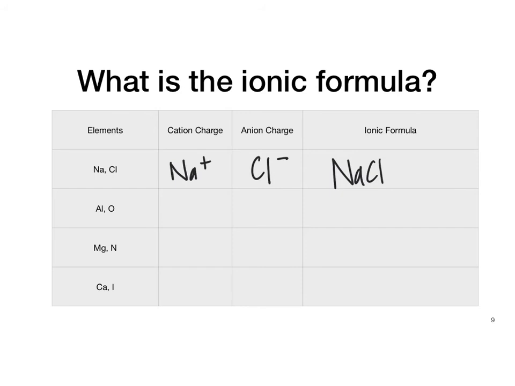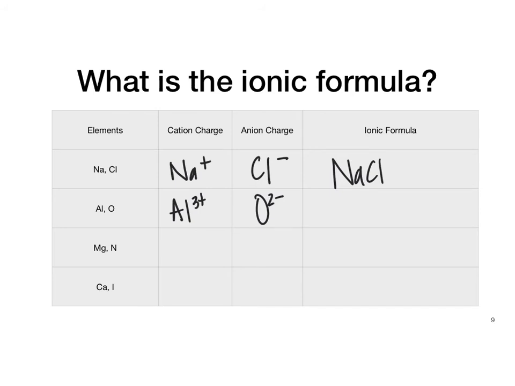But what about aluminum and oxygen? So aluminum, based on its location, wants to be 3+. And oxygen wants to be O2-. Okay, so now they don't fit together in a 1-to-1.